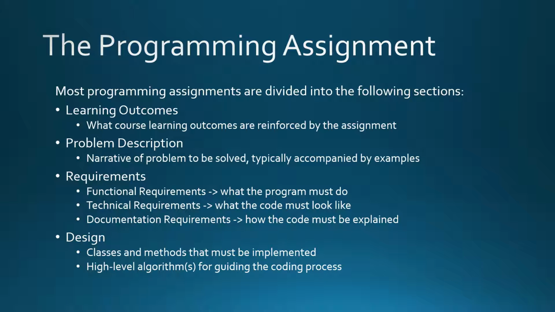Secondly, will be one or more high-level algorithms for guiding your coding process. In the beginning, these algorithms might be fairly detailed, but as you gain experience, the amount of guidance you're going to be given in the design section here will be diminished.